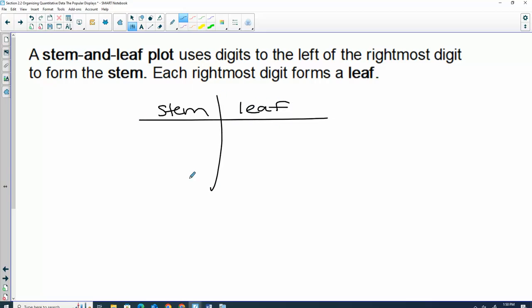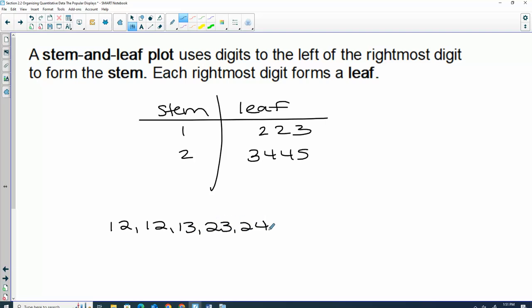So if you have a stem and leaf plot, and it was like 1 | 2 2 3, 2 | 3 4 4 5, that means my original points were 12, 12, 13, 23, 24, 24, 25.